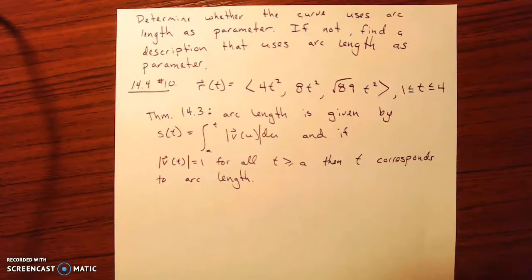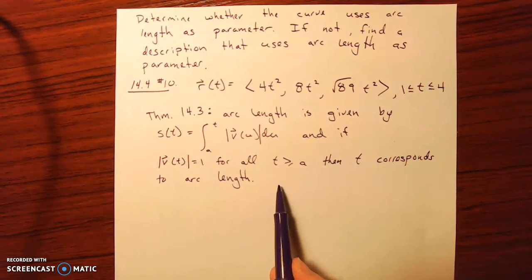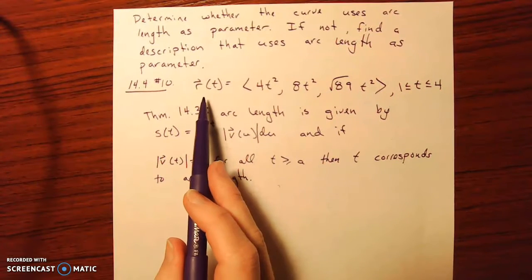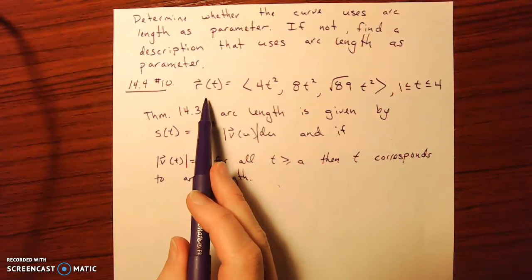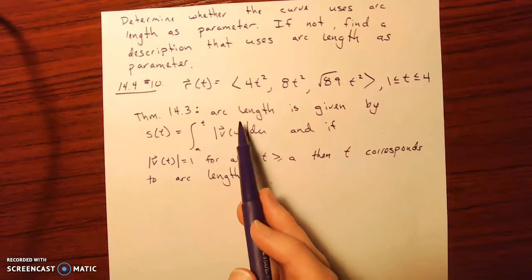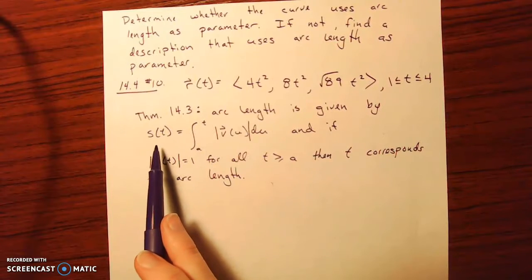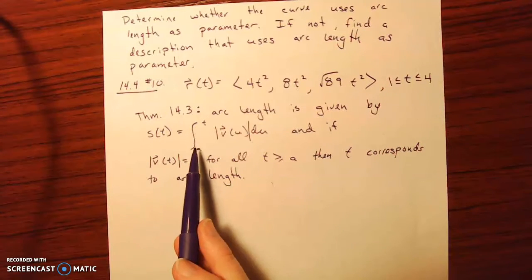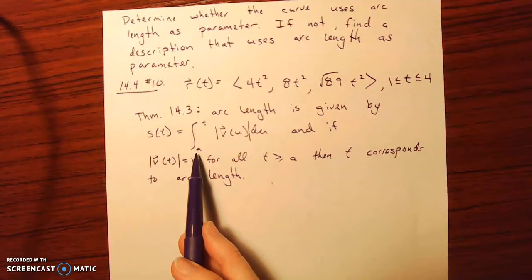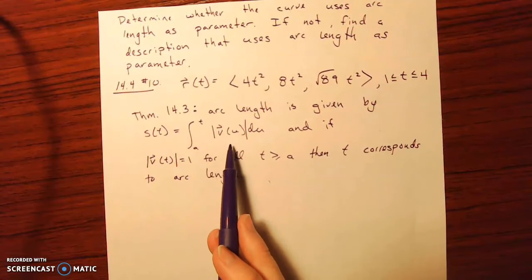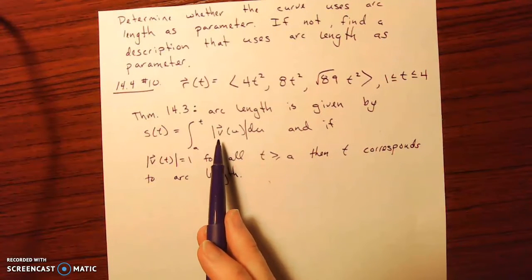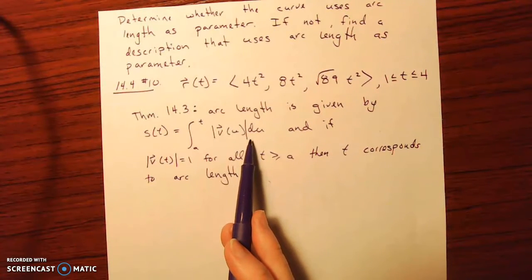Okay, so this is paraphrasing theorem 14.3. If we have some vector valued function r of t for t greater than or equal to some value a, arc length is given by s of t, which is the definite integral from a to t of the magnitude of v of u du.